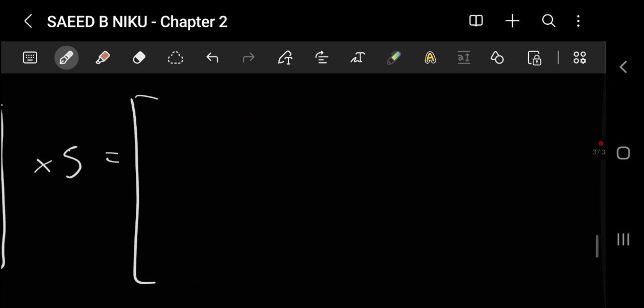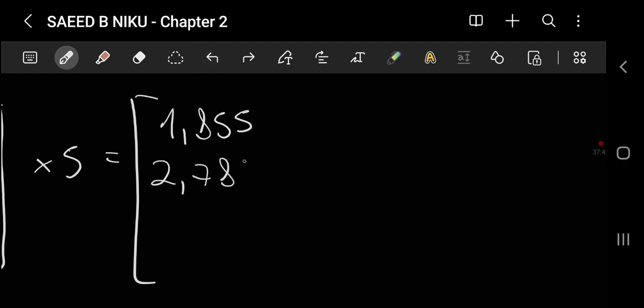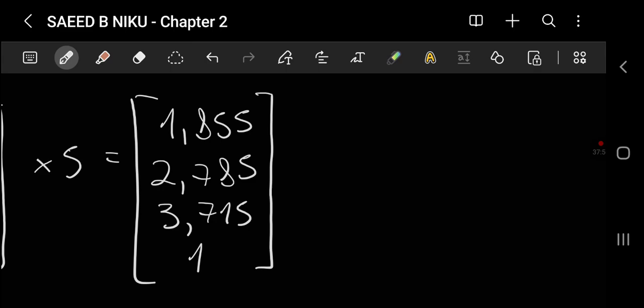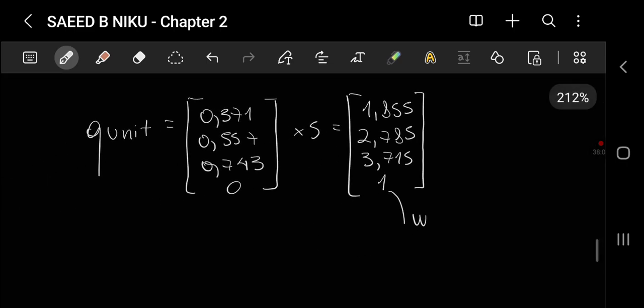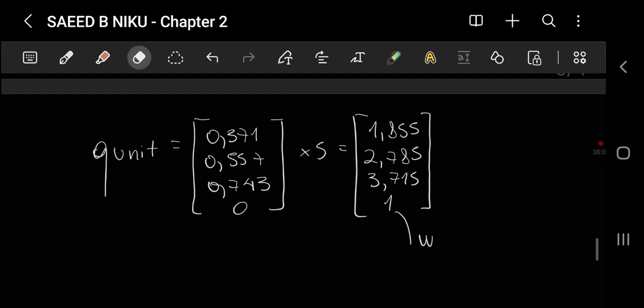So we just have to multiply this vector by 5 units, so we find the vector B. And this is the scale factor, which cannot be 0, of course.